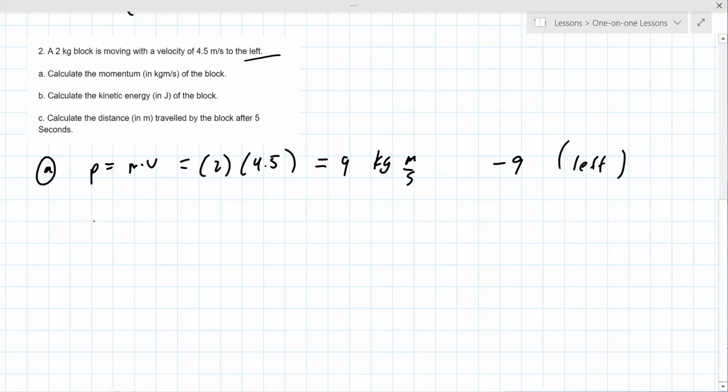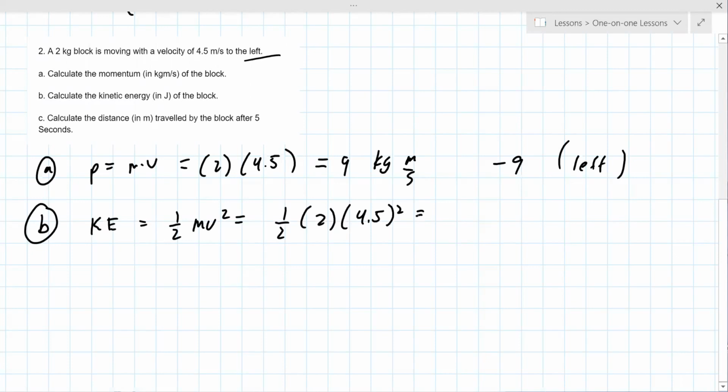So now the energy does not depend on the direction of motion. So the kinetic energy is 1/2 mv squared, 1/2 times 2 times 4.5 squared. So that is 20.25 joules. And then the distance traveled by the block after 5 seconds, that's velocity times time.